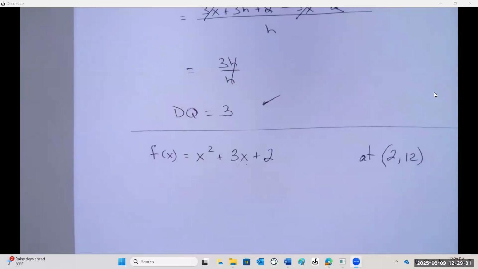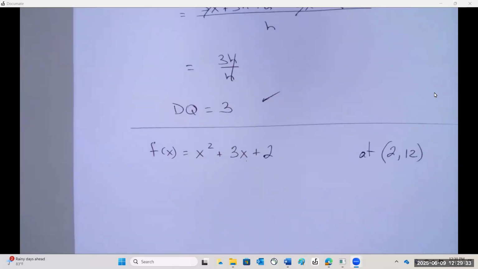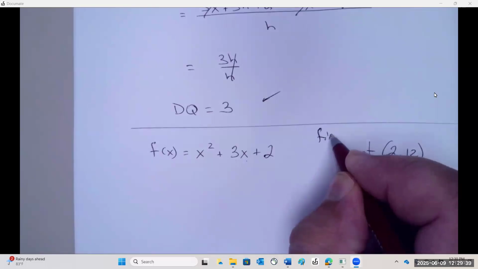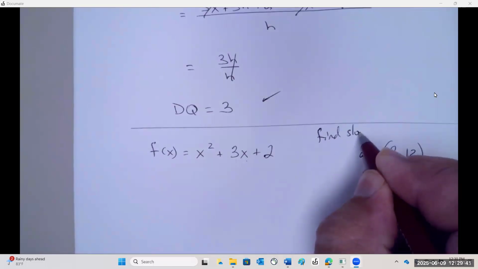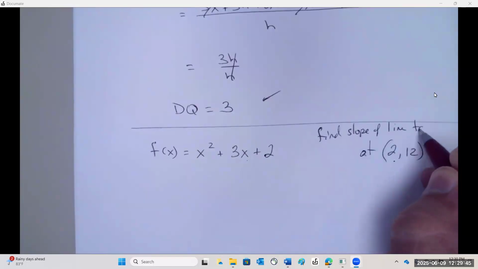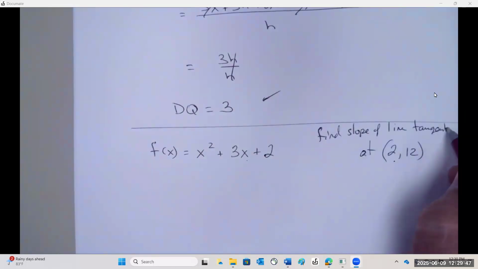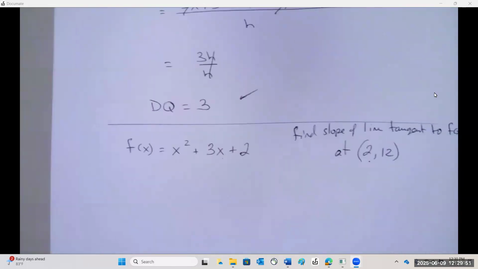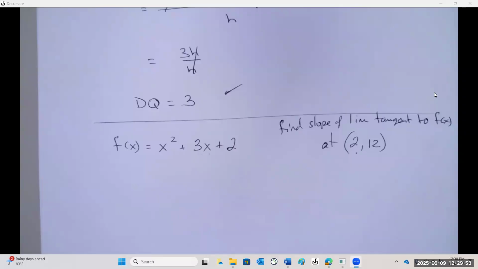Find me the difference quotient, or basically find me the slope of the line tangent to f of x at the point 2, 12.